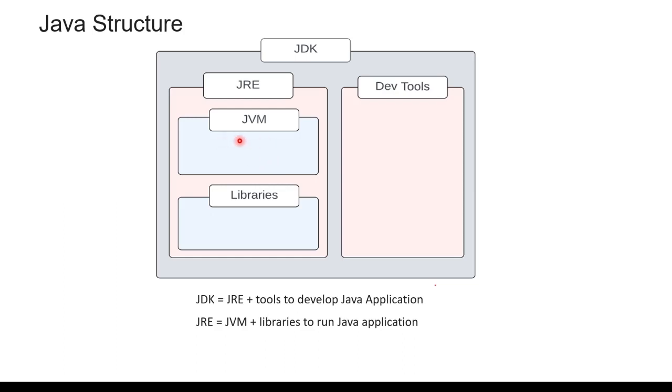The first one is JVM. What is JVM? JVM is known as Java Virtual Machine. In the previous video, we saw that Java code is compiled into bytecode, and this bytecode is passed as input to the interpreter, which converts the bytecode into machine code. Here, JVM acts as an interpreter.